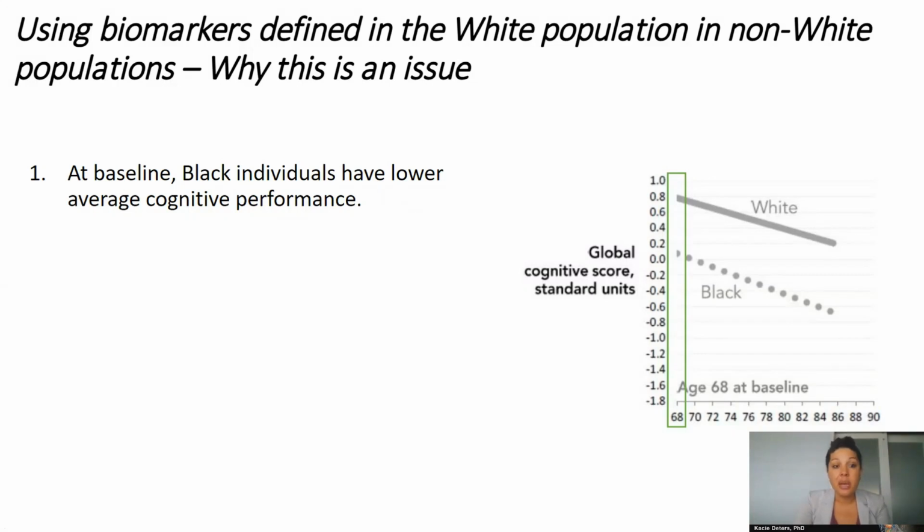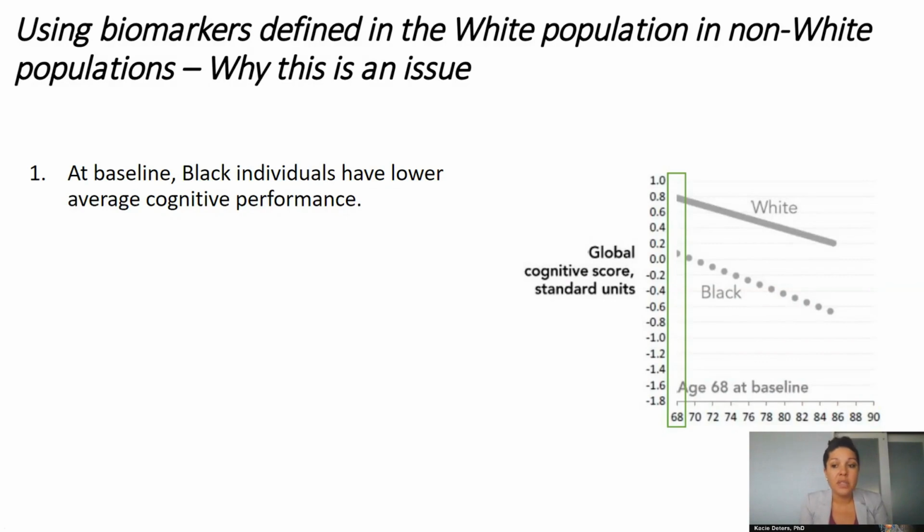So I'd like to start with an example of why it's important to focus on identifying risk factors in non-white communities. This plot shows global cognition on the y-axis, so higher is equal to better cognitive performance. On the x-axis, you see age, which you can consider time as well.